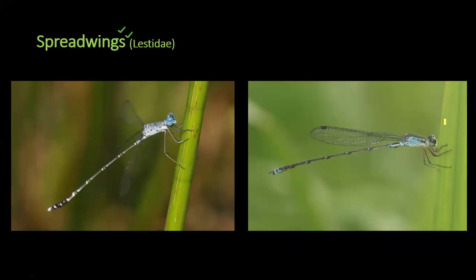Usually, most species keep their wings partially open during the resting position, unlike other damselfly species, which usually keep their wings along their abdomen. There's a group of lestids that don't do this. They keep their wings along the abdomen like other damselflies, but most of the Lestidae species have this character.